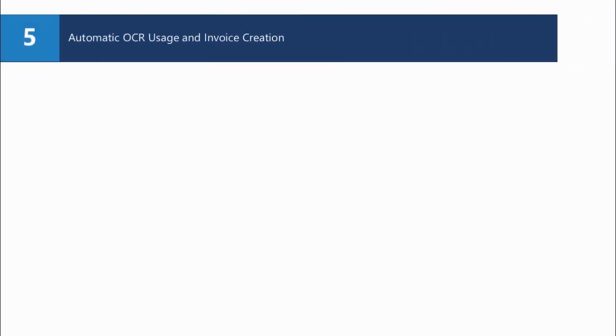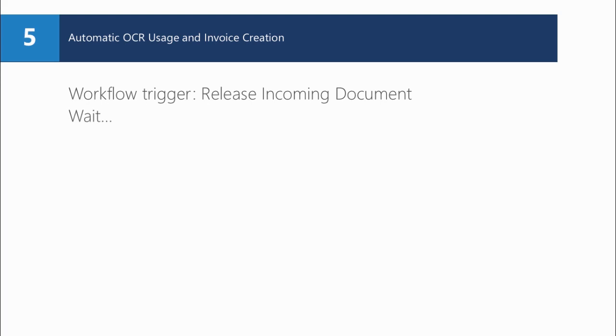In the last step of my demonstration, let's have a look at the automatic OCR usage and invoice creation. Now, as already explained, the workflow trigger in my demonstration is the release of the incoming document. So based on that, we will have to wait, and after a while we will see that the system will automatically process the following.